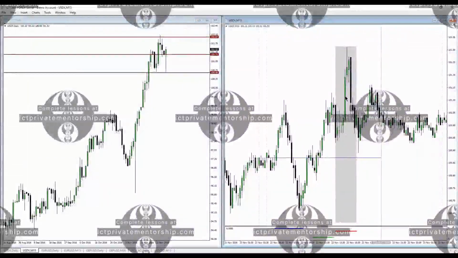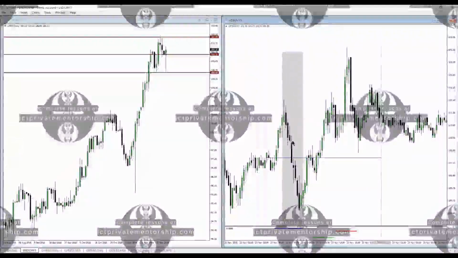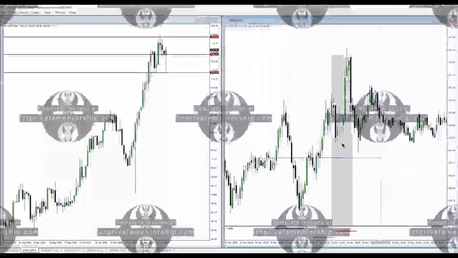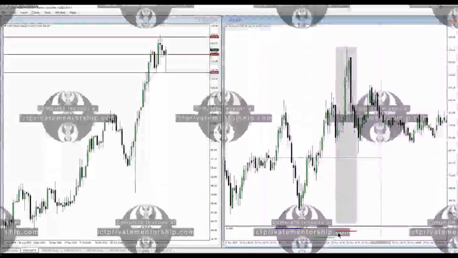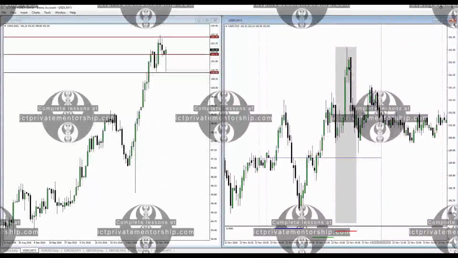Now, if we know that this is the time of day that creates the higher low, in other words, London creates the higher low, and then London close, which is delineated by the red area over here, that will create the opposite end of the daily range. So if London creates the low of the day between these red time periods, that's your London close kill zone, that will give you the opposite end of the daily range.